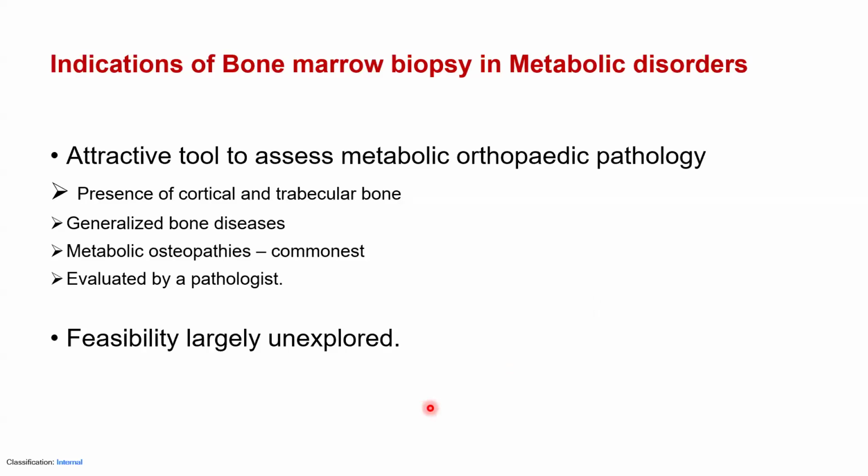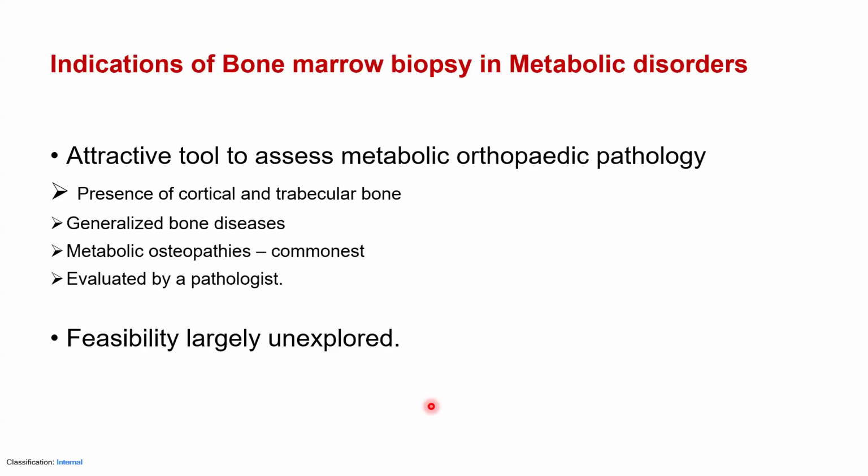Because we can visualize the cortical and trabecular bone, generalized bone disease can be picked up. Metabolic osteopathies are the most common which can be picked up, and it's usually largely unexplored because it is done by orthopedicians, who use large bore needles, which causes a lot of pain to the patient.